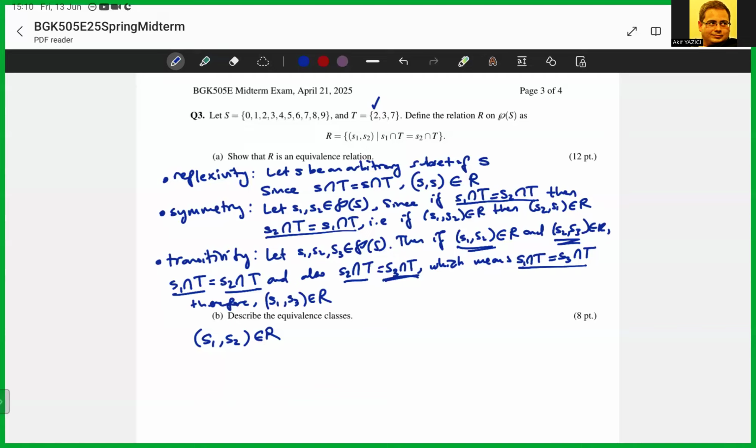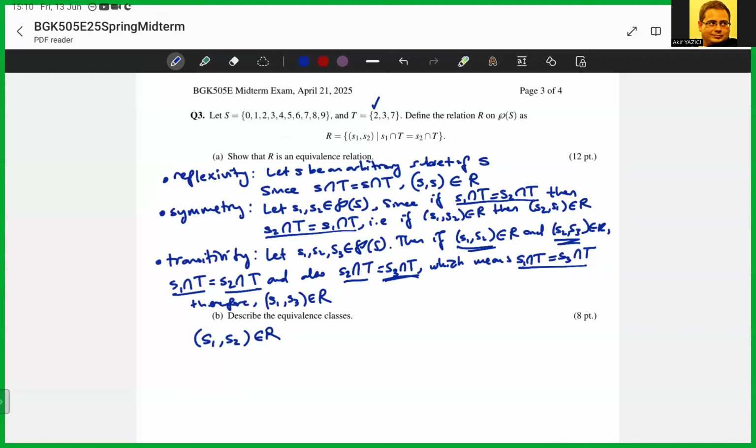So this means in terms of the presence of 2, 3, and 7 in the intersection, we have 8 choices. None of them appear in the intersection. 2, 3, and 7 are not in the intersection S1 intersection T, which means S1 and S2 don't have 2, 3, 7.